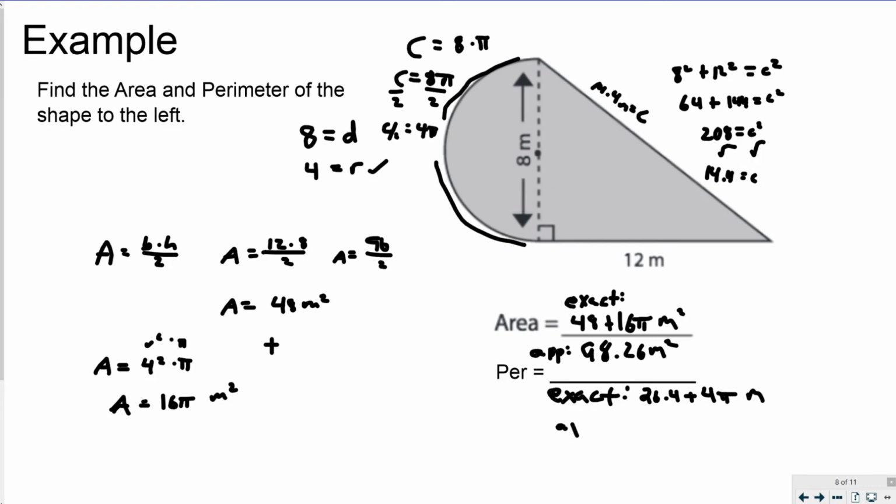And approximately, you have to multiply pi by 4, and then add 26.4 to that, and you get 38.96 meters. And 2 decimal places because it's approximate.